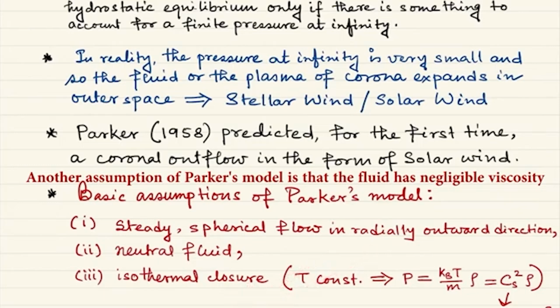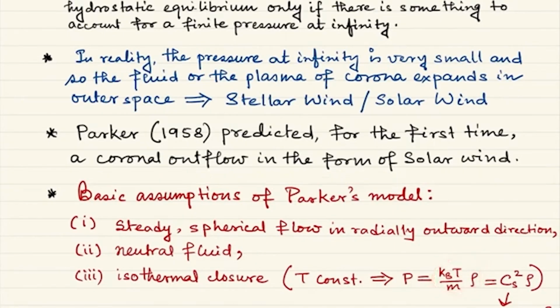So isothermal closure means T is constant, so P is nothing but kBT by M, times rho. So this is another way of writing. So rho by M is N, so P is equal to N kBT. And if you write in this way, then kBT by M are all constants for an isothermal case. So you can say this is a constant times rho.